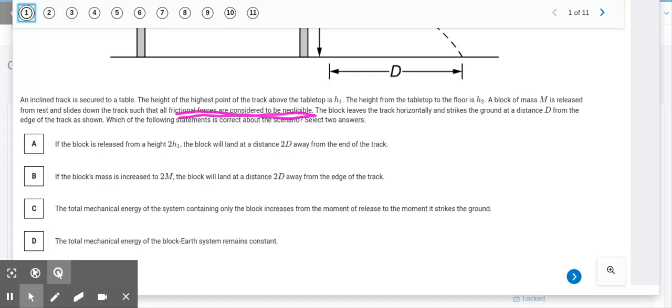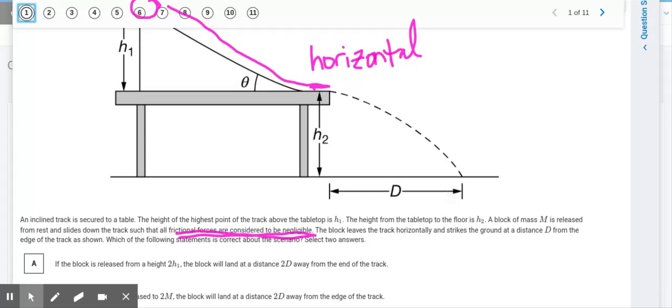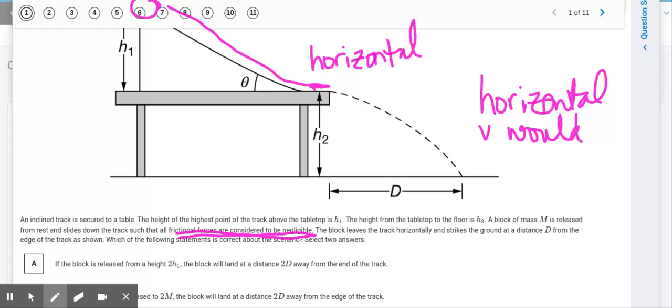So here's what we know. We know that in order to land 2d away, our horizontal velocity has to increase, right? It has to double. Because there is no horizontal acceleration once it leaves the table.